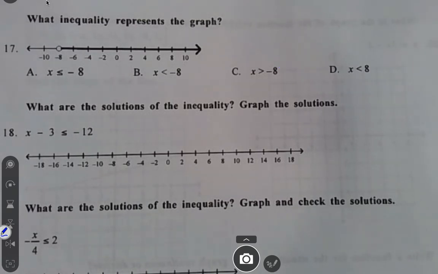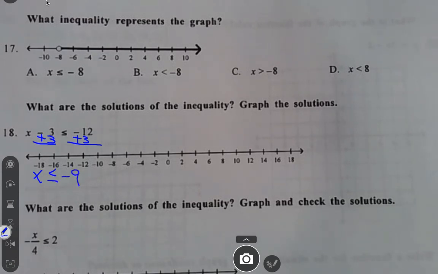On 18, it says x minus 3. So what's over there with the x? A minus 3. So the opposite of subtracting 3 is to what? Add 3. So if I add 3, I get x is less than or equal to what? Negative 9.